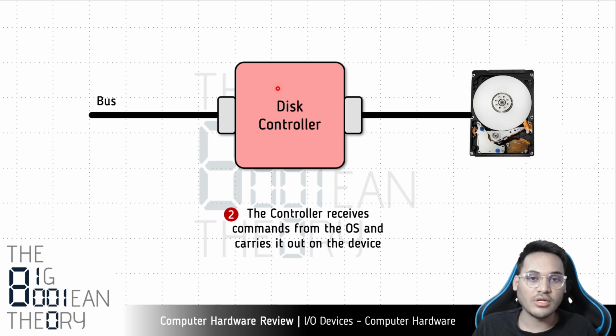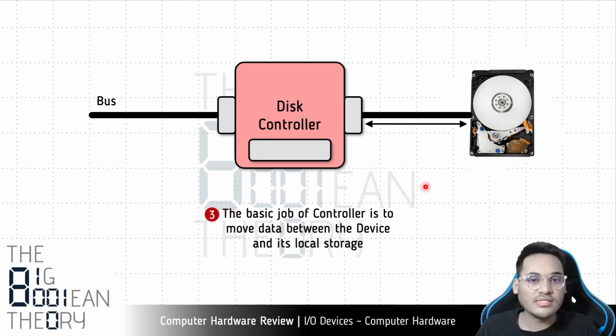So any command, for example, reading or writing data on the disk, whatever command the operating system wants to carry out, it has to give to the device controller. And now the device controller has the responsibility to carry out whatever command has been given by the operating system. As you can see, the command is received by the device controller and then it accordingly drives the device.